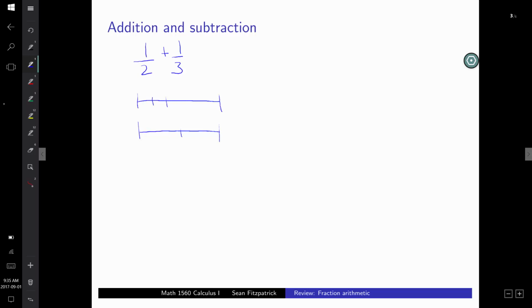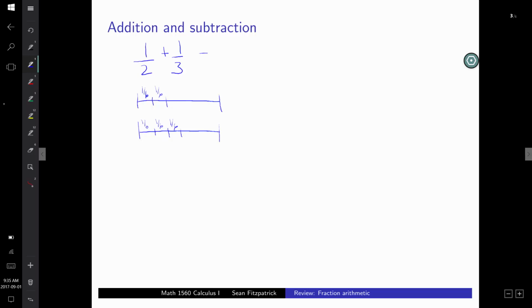I'll take my 1/2 and divide it up into 3 pieces. Now what's the size of each piece? Each piece is now a sixth. And how many of them are there? There are 5 of them. So we expect the answer should be 5/6.